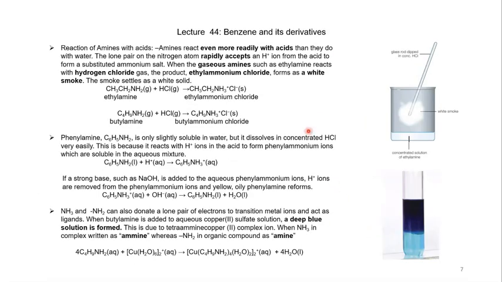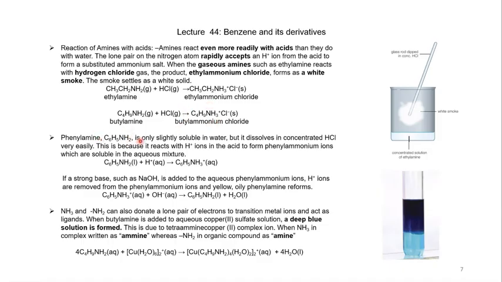And here we start the reactions of amines with acid. Ethylamine reacts with hydrochloric acid, then we get ethylammonium chloride. Butylamine reacts with hydrochloric acid, we get butylammonium chloride.